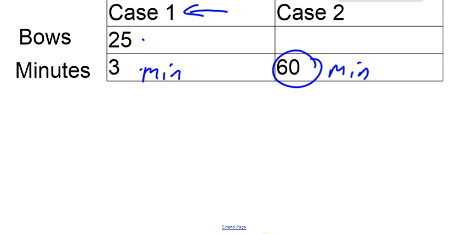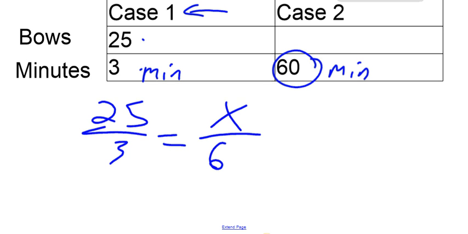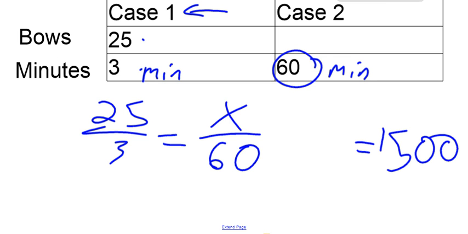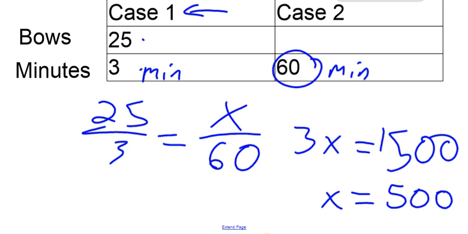So I can say 25 over 3 equals something over 60. And so we got 25 times 60 equals 1,500, and 3 times x. Now 1,500 divided by 3 is going to give me the fast answer of 500.